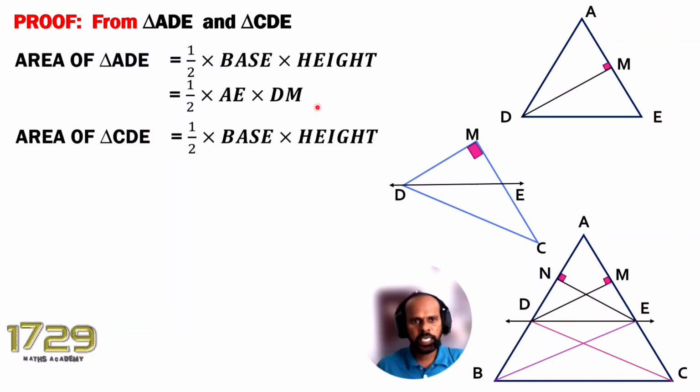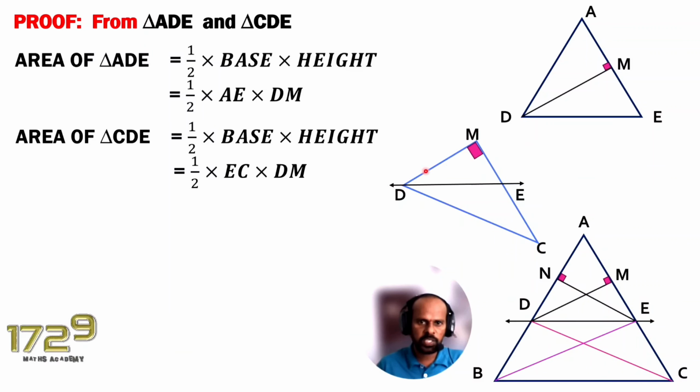Next, in the diagram CDE, the area of the triangle is also half into base into height. Half as it is, and the base becomes EC. The length EC is the base of this triangle, not CM. CM is the extended side of the obtuse angle triangle. So CE is the base, and DM is the altitude or perpendicular drawn on CE, the extended side. So DM is the height.